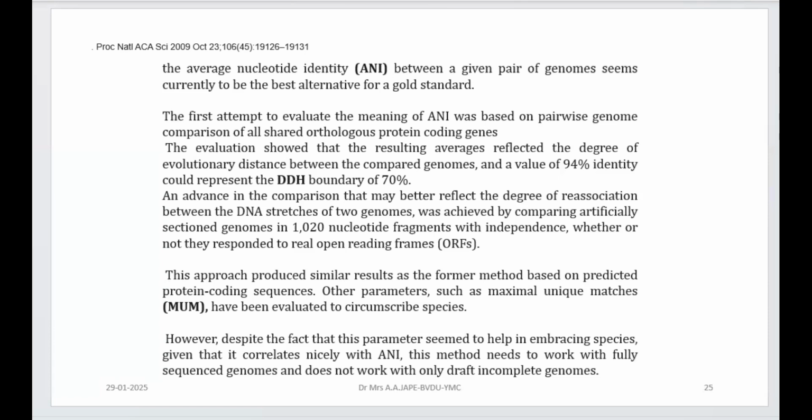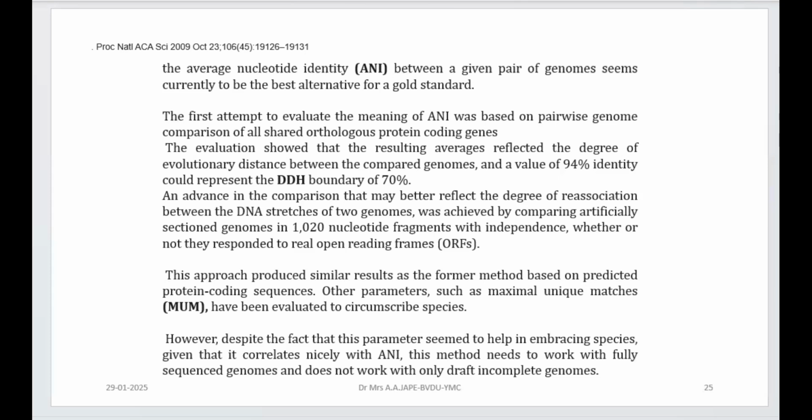But when you explore the ANI method instead of DDH, you can get identity up to 94%. It is an advance in the comparison that may better reflect the degree of reassociation between the DNA stretches of two genomes. It was achieved by comparing artificially sectioned genomes, so you cut the genome into fragments, read the sequences and see the identity in both.